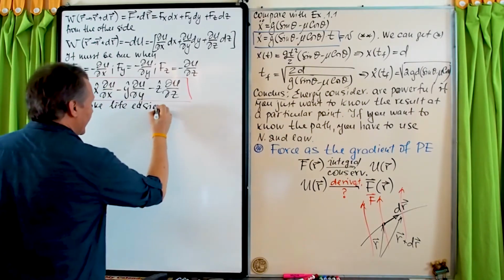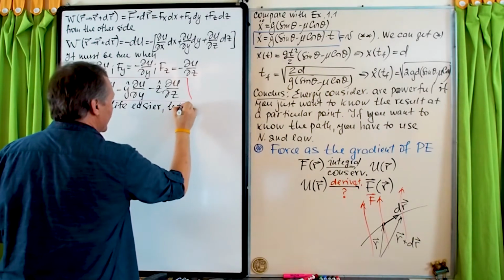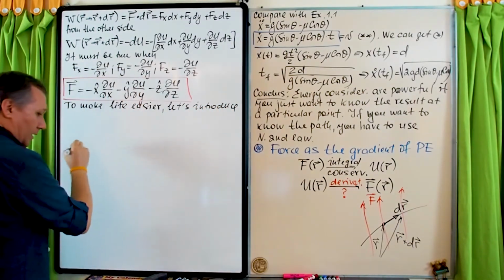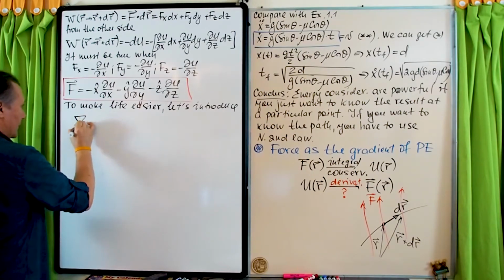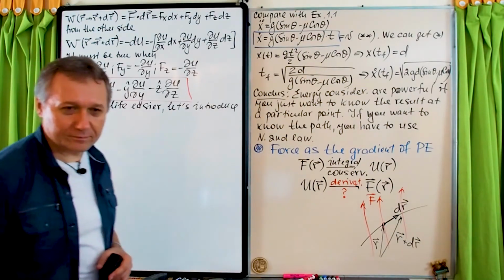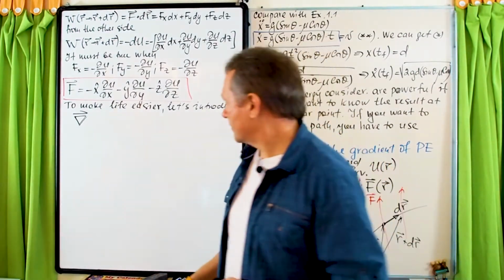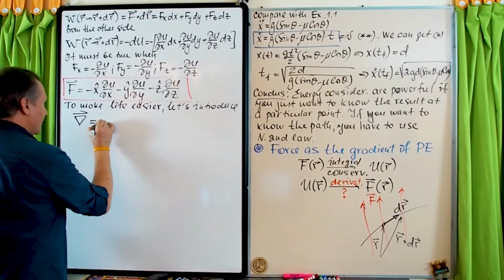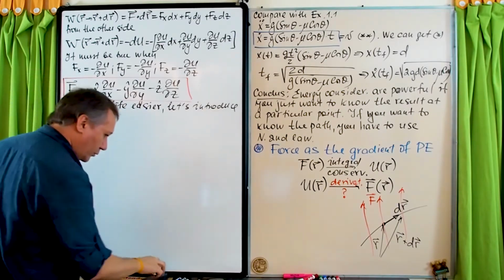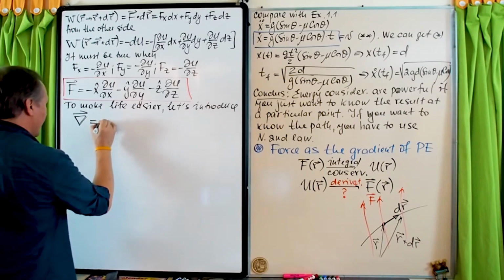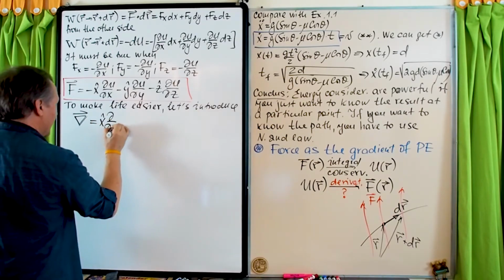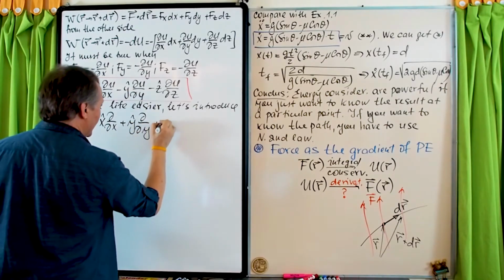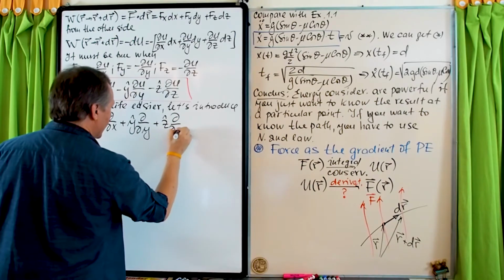So del equals x hat d over dx plus y hat d over dy plus z hat d over dz.